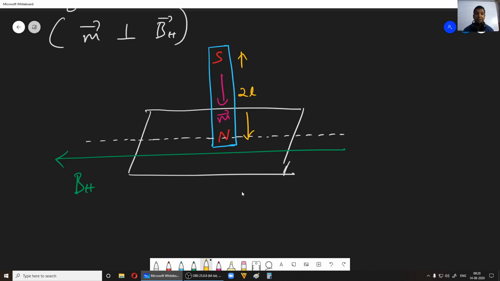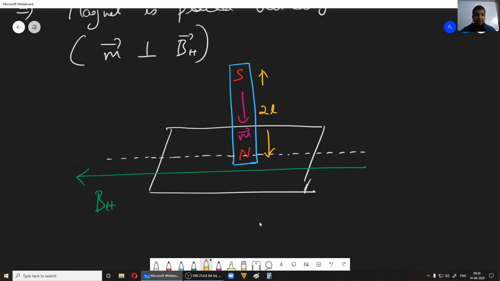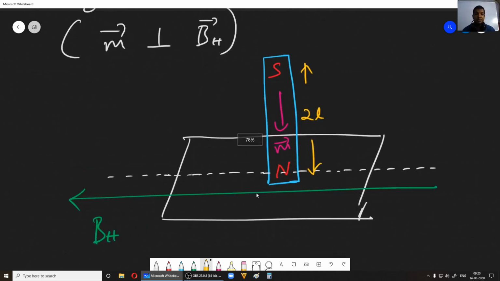So what we'll do is consider 2 points P1 and P2 which are equidistant from the north pole, right? So say these are the points. Okay, so I'll say this is P1 and this is P2.